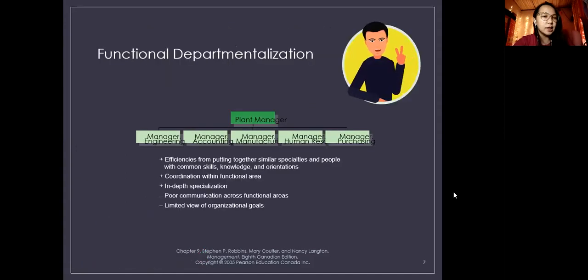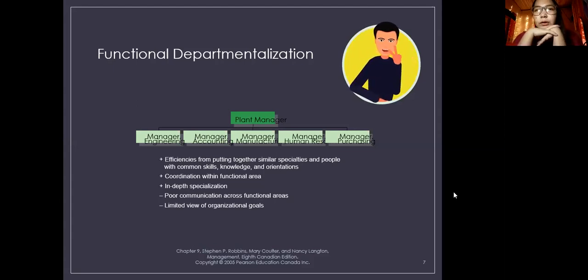Okay. First is functional departmentalization. Kaya siya functional departmentalization is because we are dividing the groups by functions performed. So we have an example here. The head is the plant manager, and the plant manager divides the groups by their functions. So ang function niya is engineering, accounting, manufacturing, human resource, or purchasing.